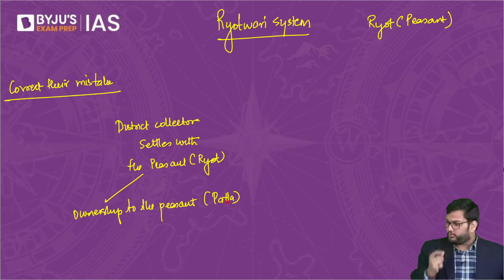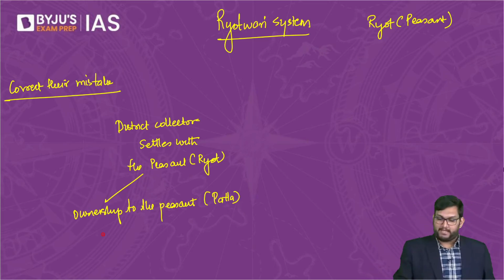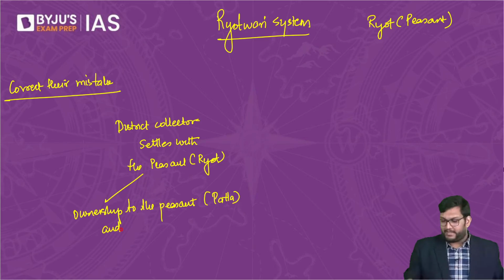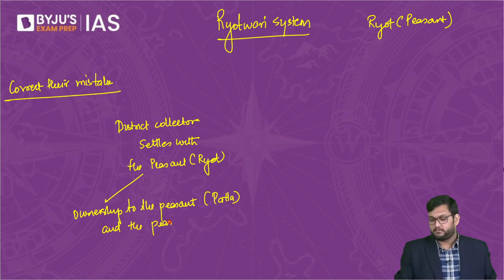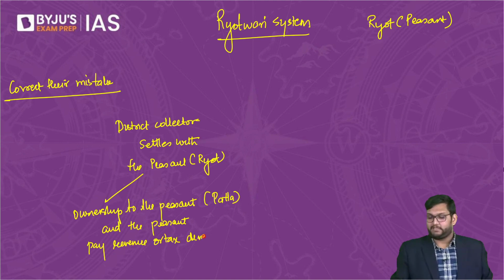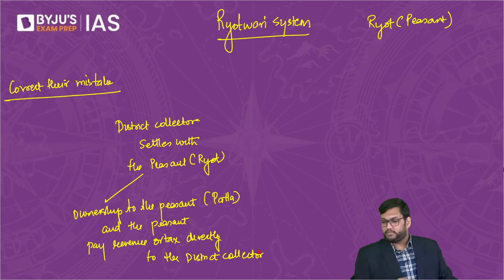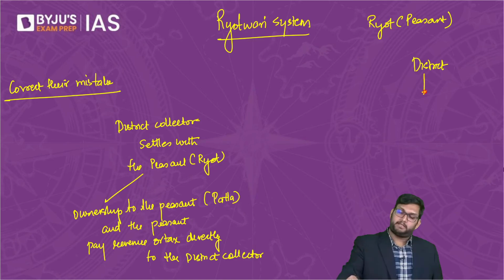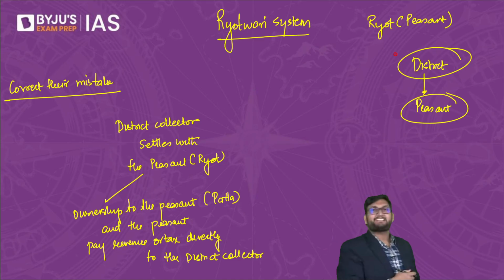So, ownership to the peasant, and the peasant pays revenue or tax directly to the district collector. Basically, it's district collector, then it is peasant.